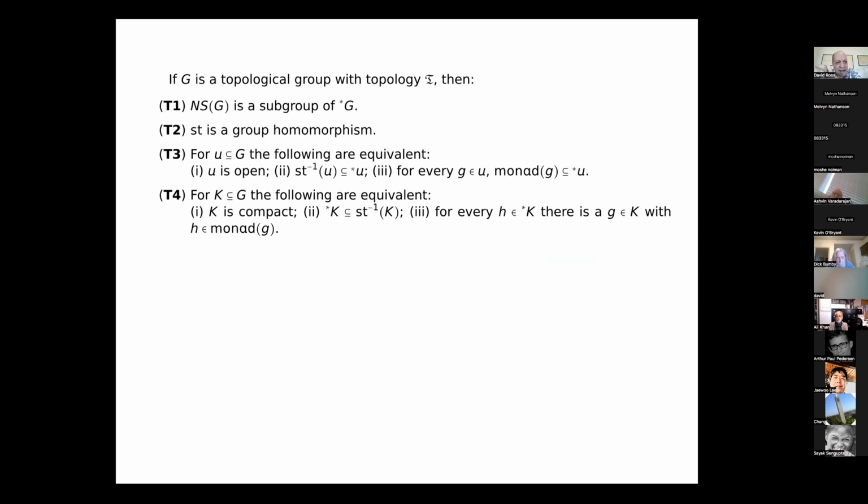Similarly, if you've got a compact subset K of G, being compact is equivalent to saying that every element of star K is near standard. So if the whole space is compact, that means every element in the space is near standard.